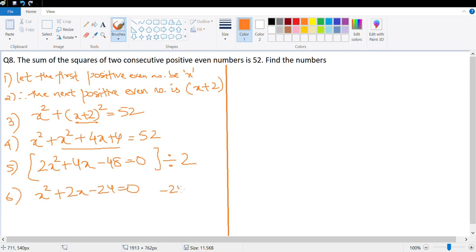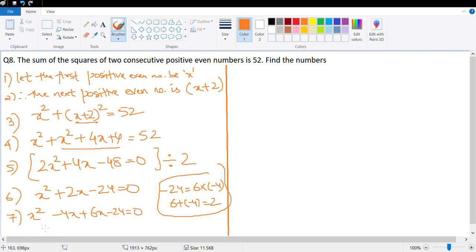So negative 24 can be written as 6 into negative 4, and 6 plus negative 4 is also equal to 2. So I have been able to split the middle term as 6 and negative 4. So this will be x square minus 4x plus 6x minus 24 is equal to 0.